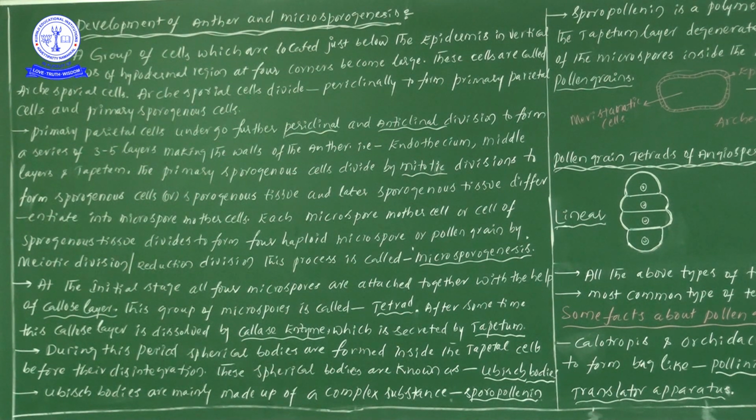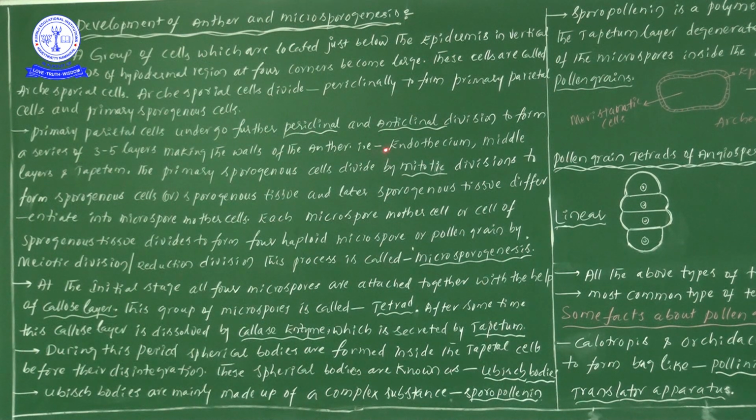Because of the activity of primary parietal cells, periclinal and anticlinal divisions, a series of 3 to 5 layers of cells is formed.